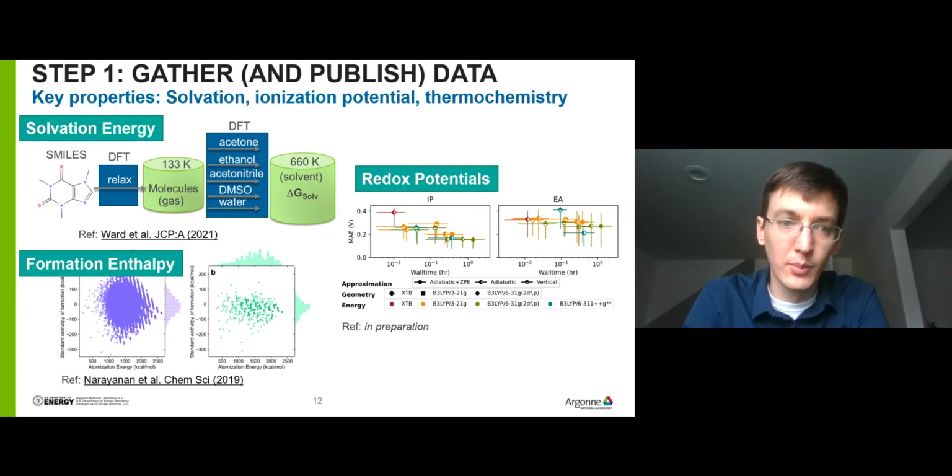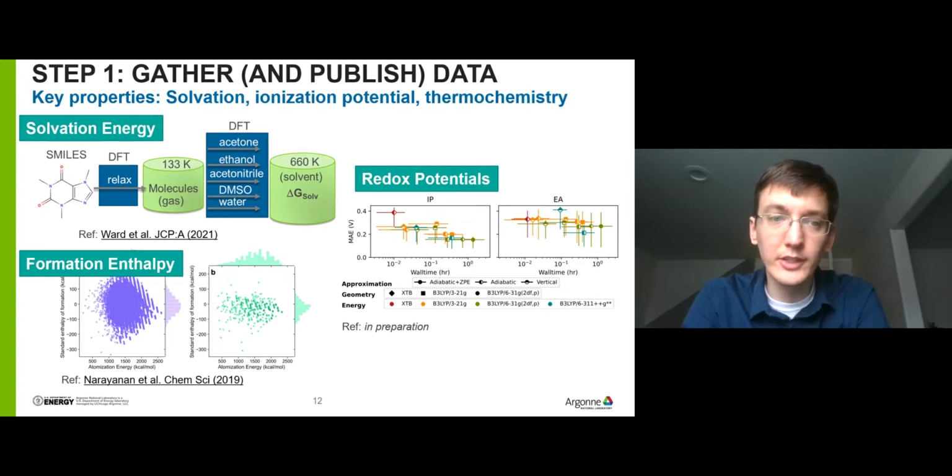This database couples nicely with the already existing data we have for formation enthalpy, computed at a very high fidelity using advanced hybrid quantum chemistry techniques, G4MP2. And more recently, we've combined these two data sets with an ability to use them to compute redox potentials, which define how much energy we can store per molecule.